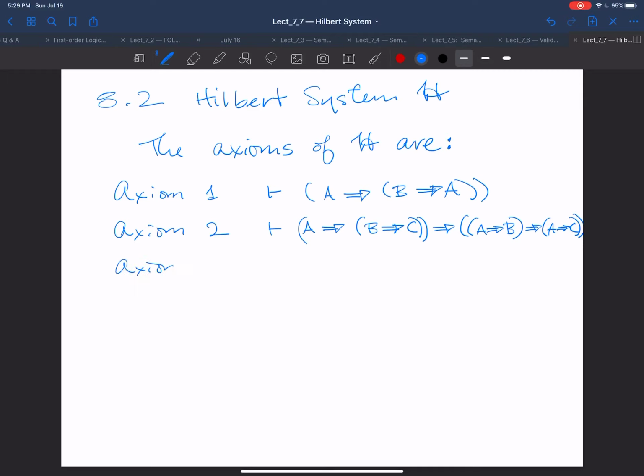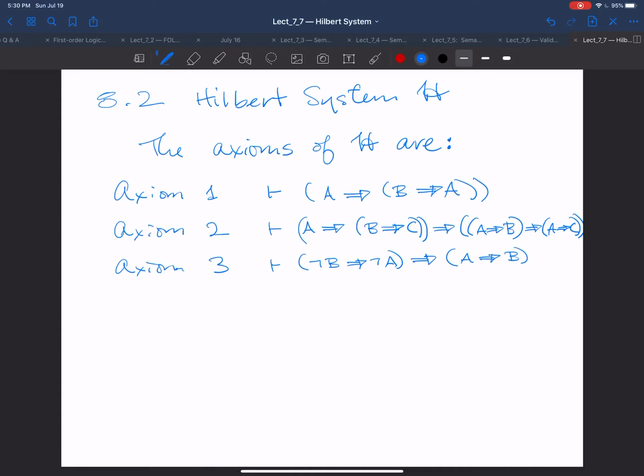And then finally, axiom 3 is (not B implies not A) implies (A implies B). Half, if you like, of the contrapositive rule.